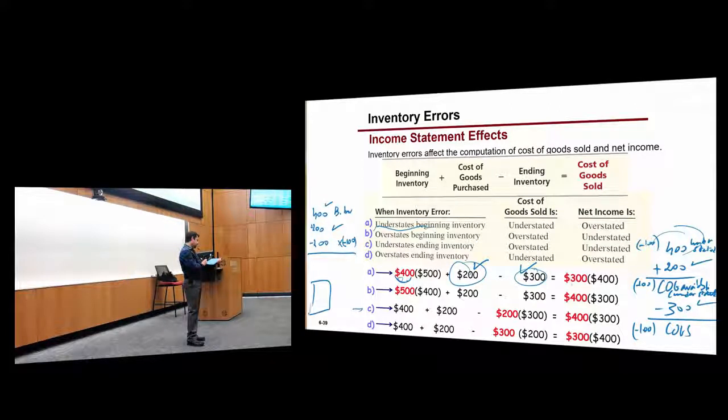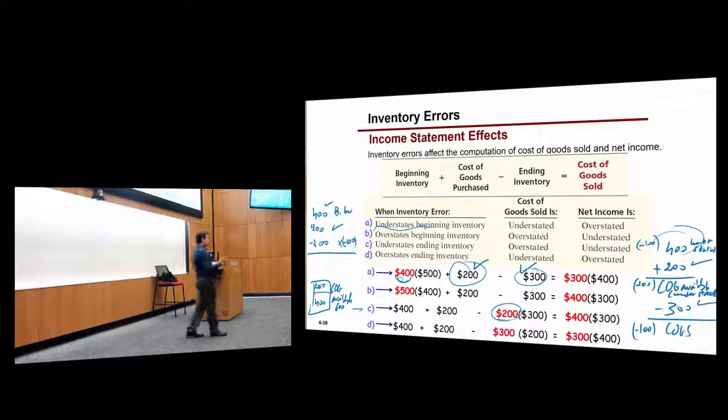This is the cost of goods available for sale. How much was it? It's 600. You said that you had, this is what we said here, we said that we had 200. This was 400. What's the real number?